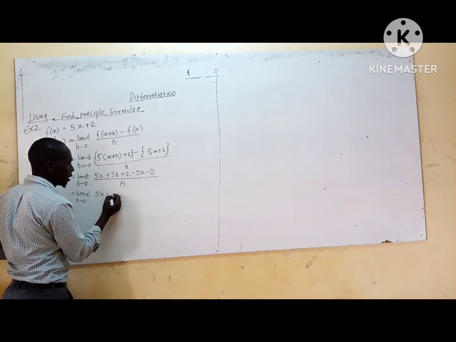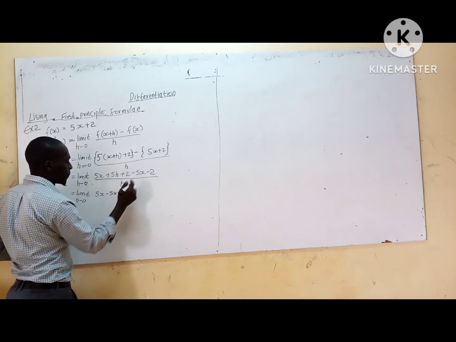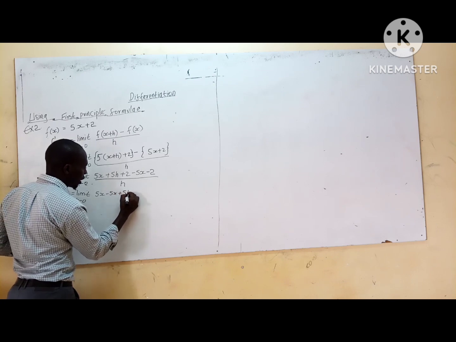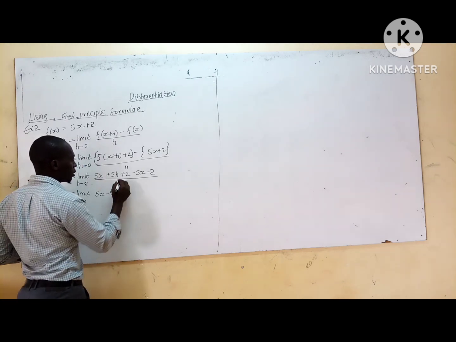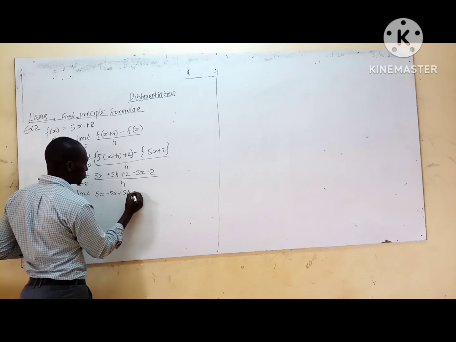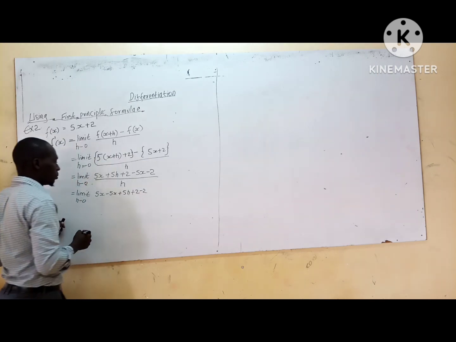5x minus 5x, here we'll be having plus 5h, and lastly we are going to have plus 2 minus 2.